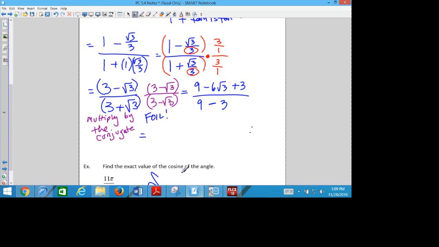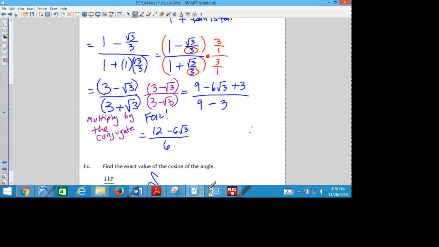What do we have now? We now have 12 minus 6 square root 3 over 6. I saw some of you do this last week on your quiz. You cannot cancel those 6's out, because 6 is dividing the entire fraction.